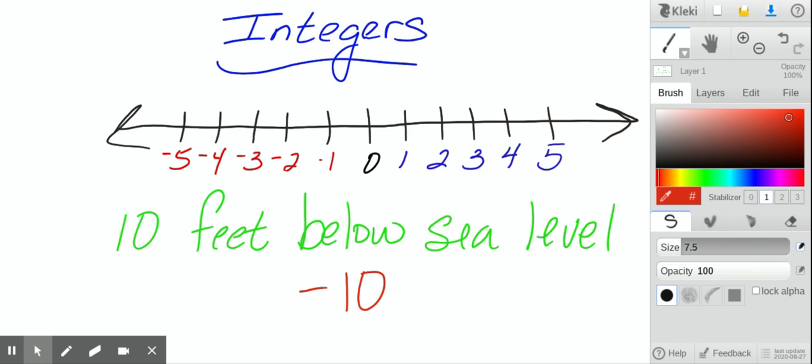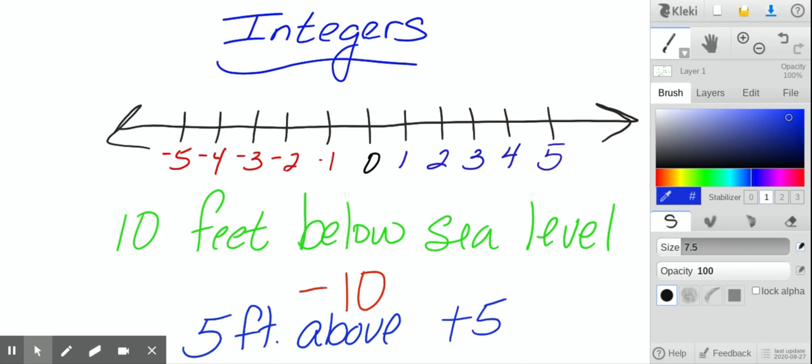All right. Now let's say we were 5 feet above sea level. Well, 5 feet above sea level would be represented by a positive 5. Or remember, we don't need that positive sign. We could just put 5.